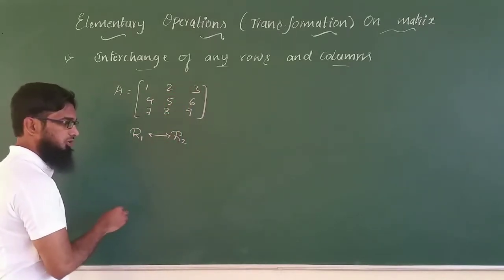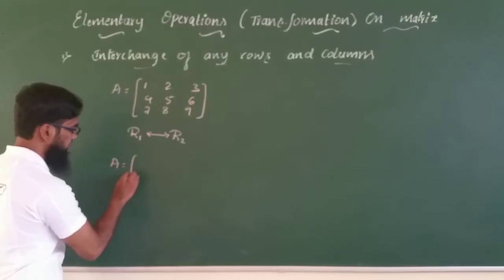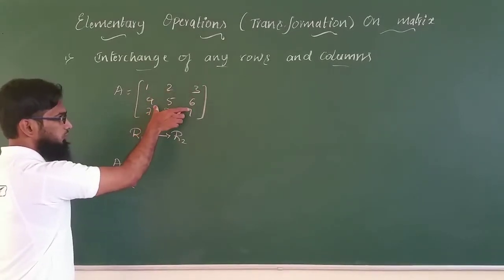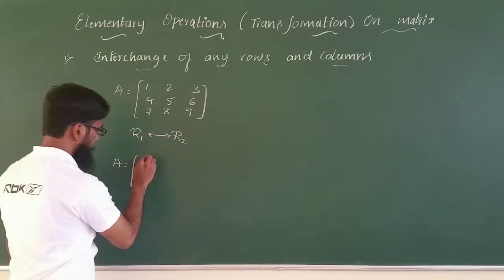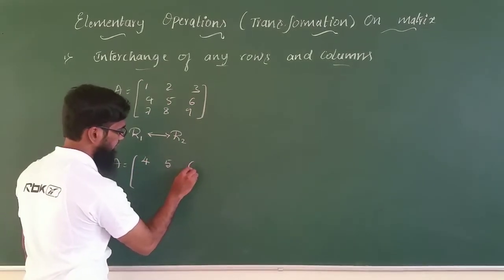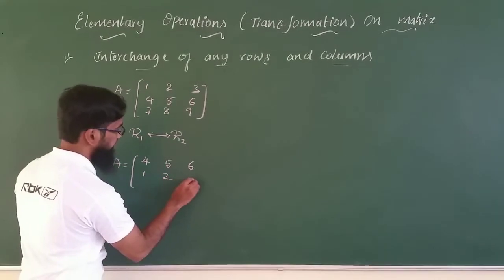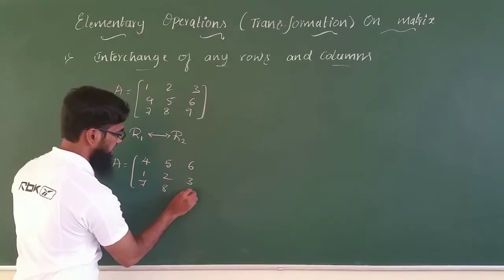When we do this, the matrix becomes A equal to: row 1 becomes row 2, and row 2 becomes row 1, so we keep them in those places. This is 4, 5, 6, this is 1, 2, 3, this is 7, 8 and 9.